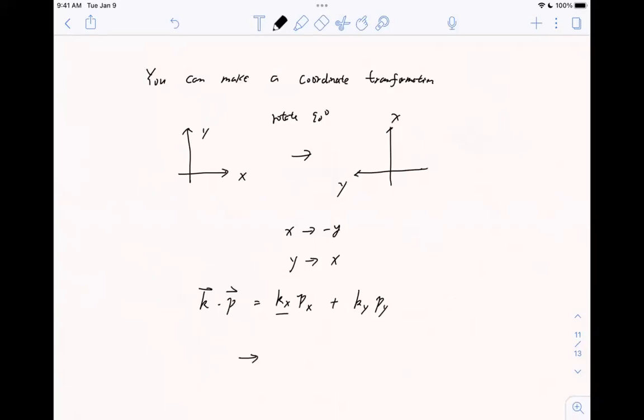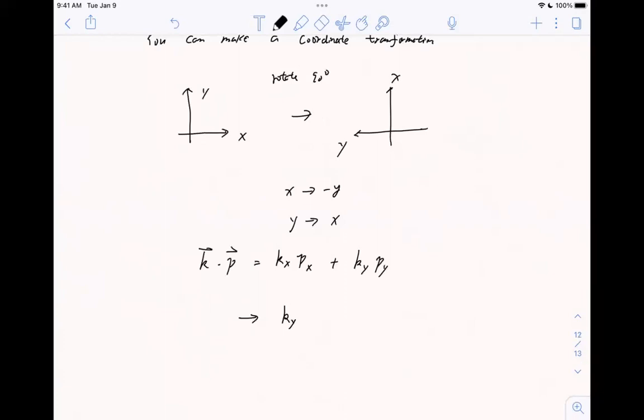X will become Y, right? So you have negative KY, then you have negative PY. And then KY here will just become KX, and this will become just PX.